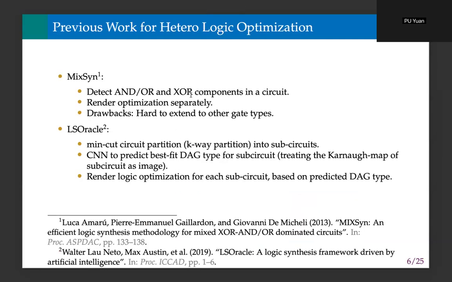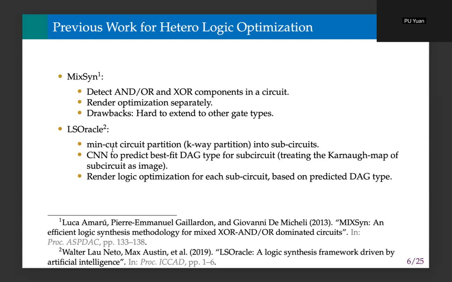There are several previous works for heterogeneous logical optimization, for example, Mixing and LSOracle. Mixing just detects some specific components such as AND, OR, and XOR in a circuit and runs the optimization separately. But its drawback is that it is hard to extend to other gate types. LSOracle includes three steps.